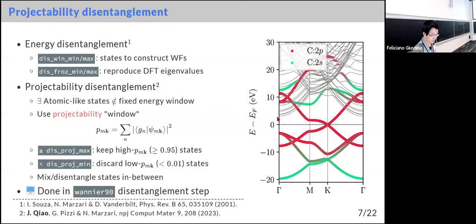If they have low projectability, like these gray bands, these are the free-electron-like bands, so naturally they are delocalized, and we don't need to include them. So now we have two thresholds to replace the aforementioned four parameters, to keep the high projectability states and also to discard low projectability states. And the remaining states are just thrown into the disentanglement step. This step is done in Wannier90.